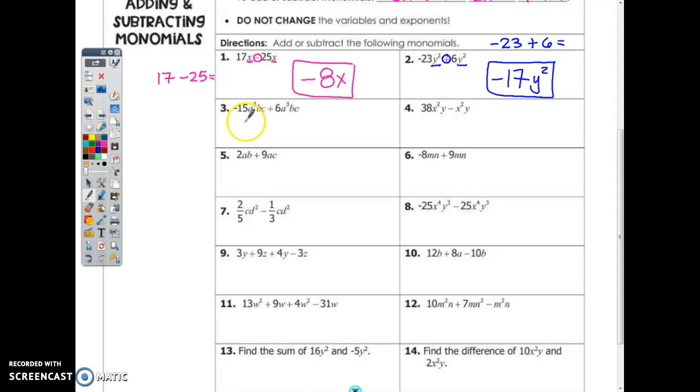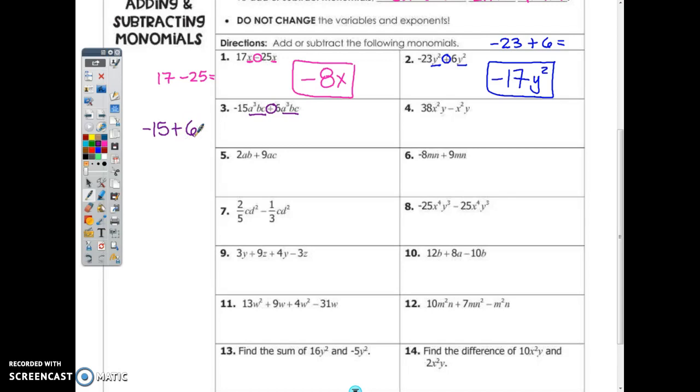Number 3. Do those two look alike? Yes, they both have a to the third b, c. They are like terms. So what are you going to do with those two numbers? You're going to add, right? So in the calculator, you're going to type negative 15 plus 6.